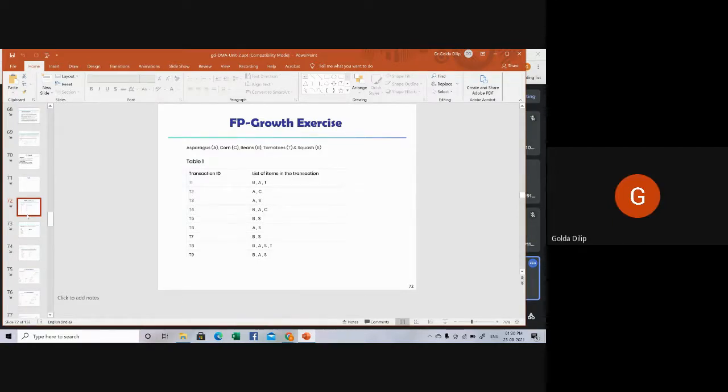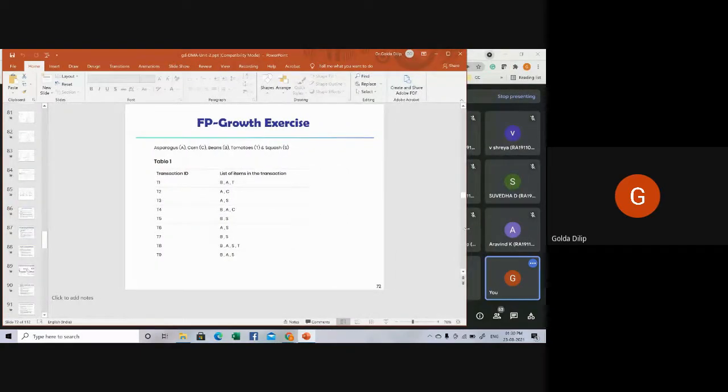Suvetha, present. Vishal Bhashyam is present, noted. Srimati, present.